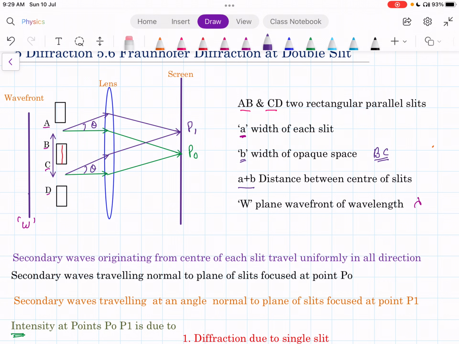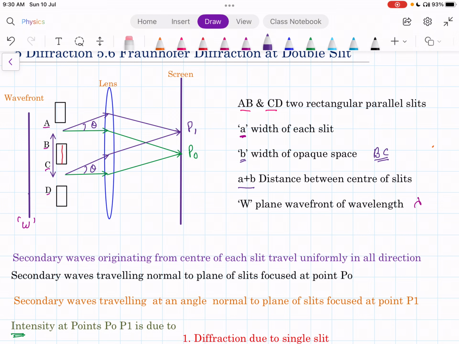In case of interference, it is an interference between two wavefronts emitted from two coherent sources. So at points P0 and P1, the two wavefronts are emitted, one from slit AB and another from slit CD, and they are reaching at point P0 or P1. So there would be interference between these two wavefronts.